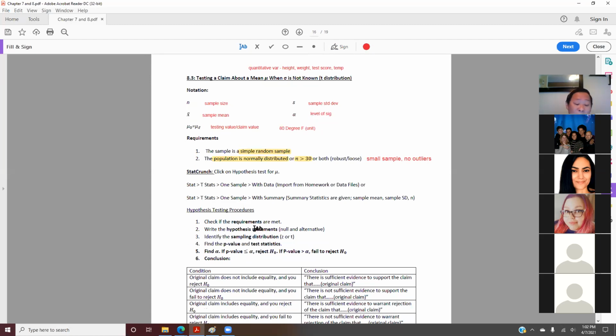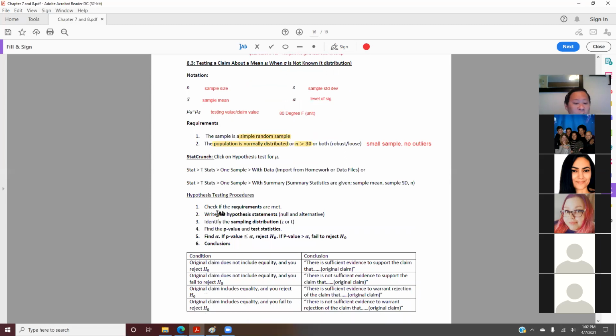It's going to be the same 7 steps of procedure over again. Check the requirements, write down the 2 statements, the H0 and H1. Again, your null hypothesis is always equal to. It's a repeat. The alternative is either greater than, or less than, or not equal to, so it depends on your claim statement.